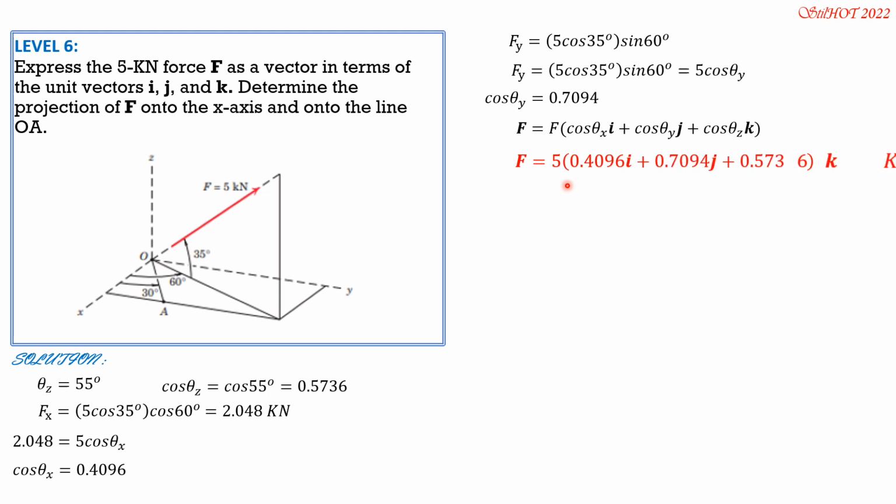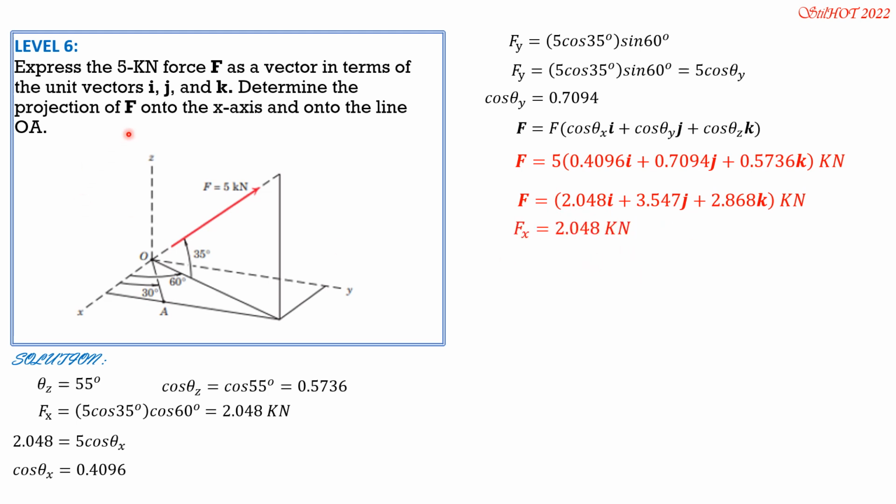So F is 5 quantity, these are the direction cosines: 0.4096, 0.7094, then 0.5736. We can also expand if you want, 5 times 0.4096, and so on. So the projection of F onto the x-axis is Fx, which is 2.048 kilonewtons.